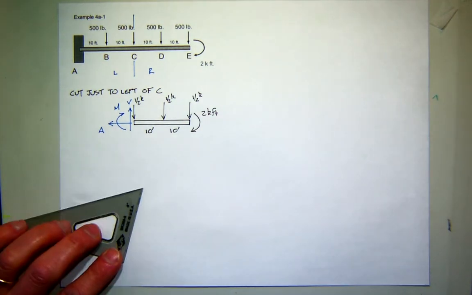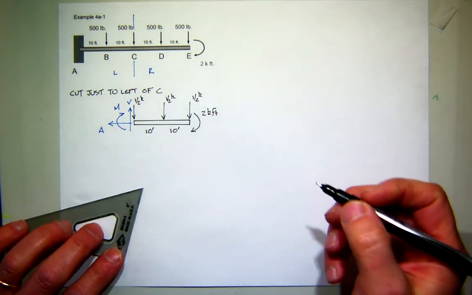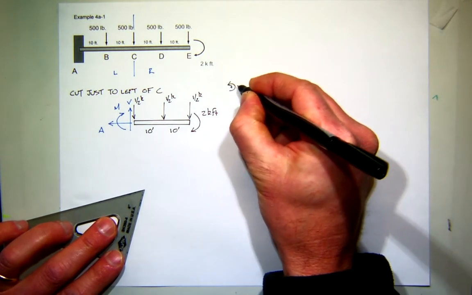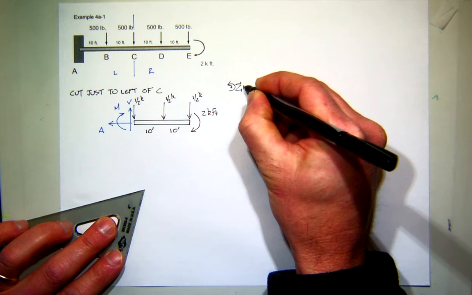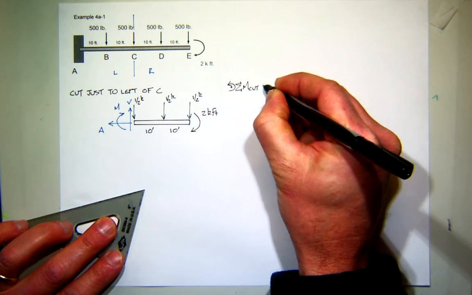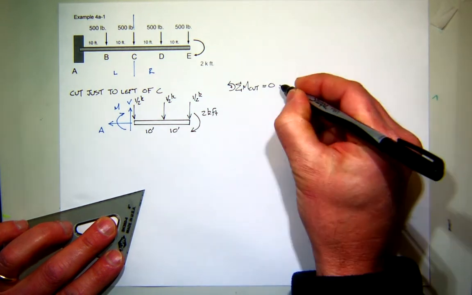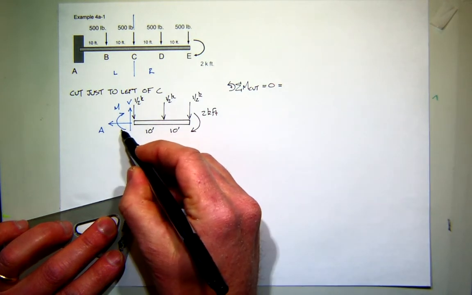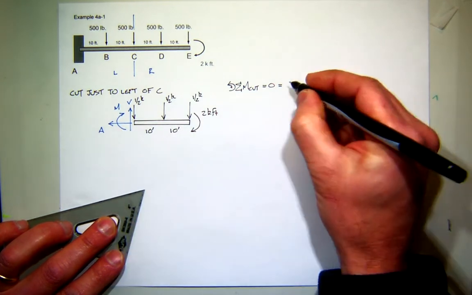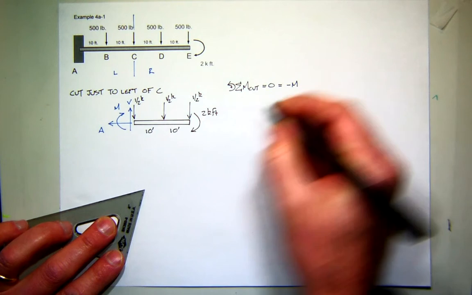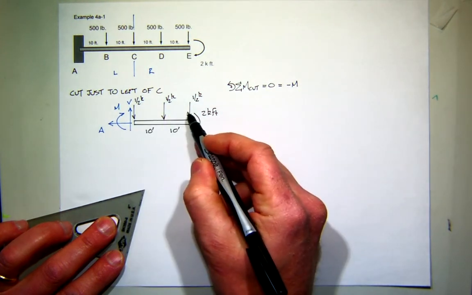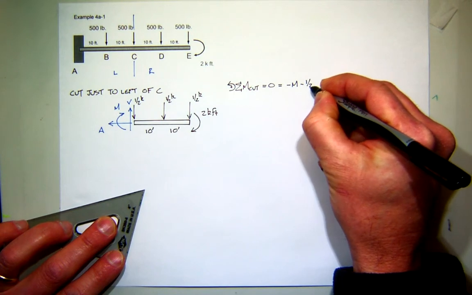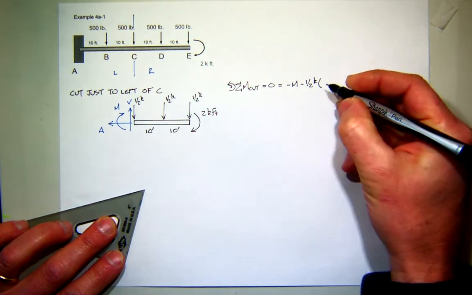So now what do I do? Solve the problem. Now I'm doing my statics, so I'm going to use the right-hand rule for my moments, and I'm going to sum moments at the cut, like we talked about before, and make sure it's in equilibrium. So, what kind of moment with right-hand rule is this? Positive or negative? Negative. What about all these half forces? Negative. I'm going to pile them all together. They all have the same value of a half kip.